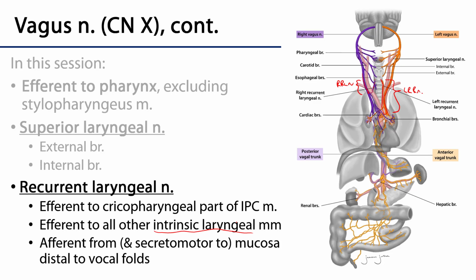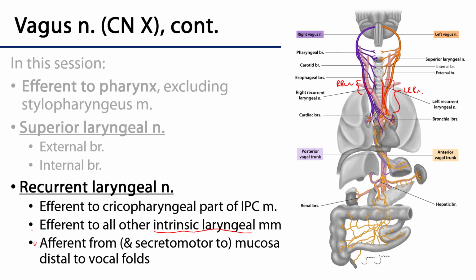And the recurrent laryngeal nerve is going to be the afferents from the mucosa distal to the vocal folds within the larynx, and they will be secretomotor to that same mucosa. So recurrent laryngeal nerve is afferently and secretomotorily serving the laryngeal mucosa inferior or distal to the vocal folds.